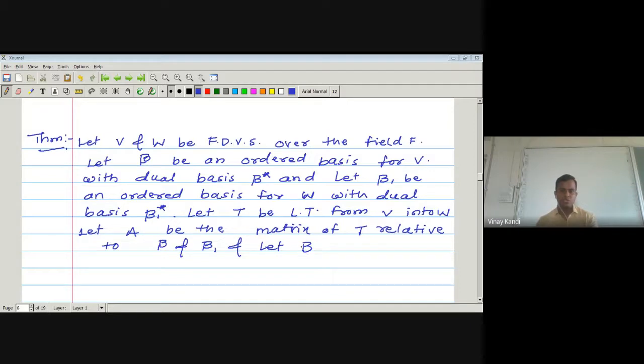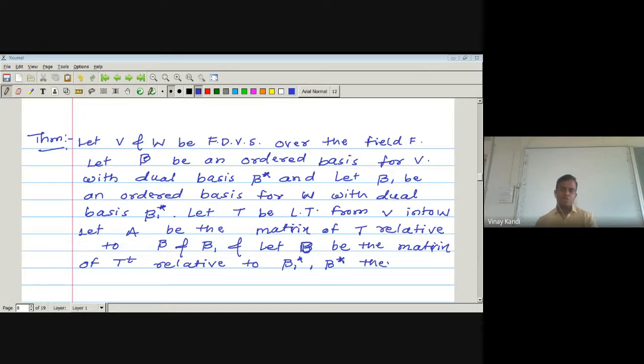And suppose B is the matrix of T transpose relative to beta 1 star and beta star.